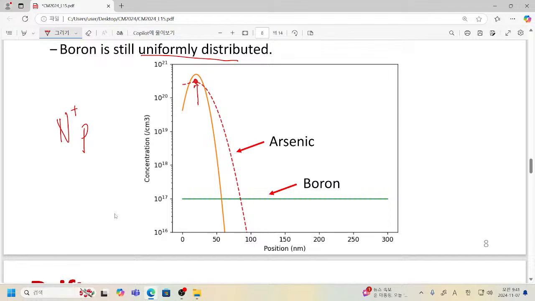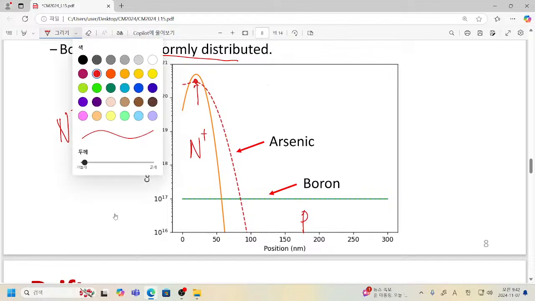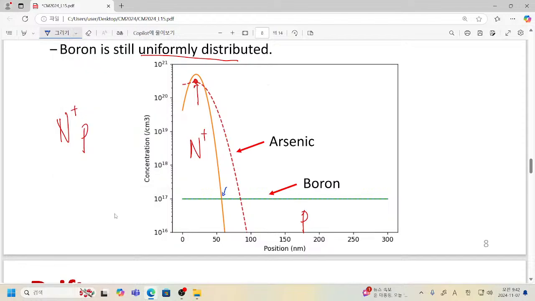Here we have N plus dopant, and here we have a P-type region. So if we introduce additional holes into this system, for example, let's say we introduce a certain hole here, then what will happen?